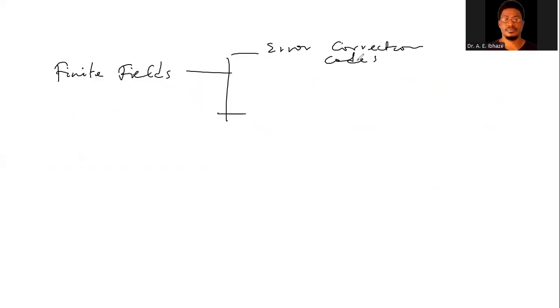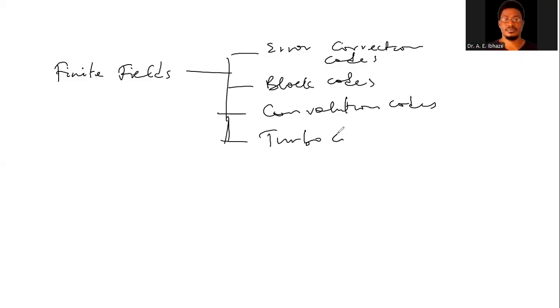And we have two broad categories, although more than that. So we already know we have the block codes, we have the convolution codes, and then we are going to add another interesting type, the turbo codes.